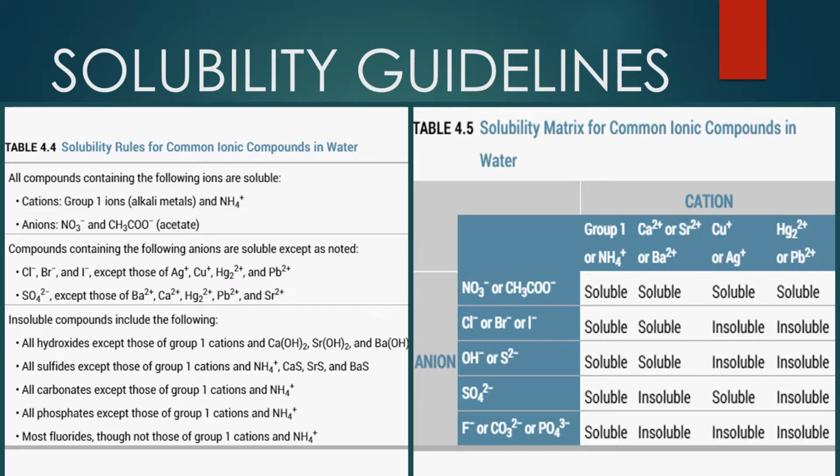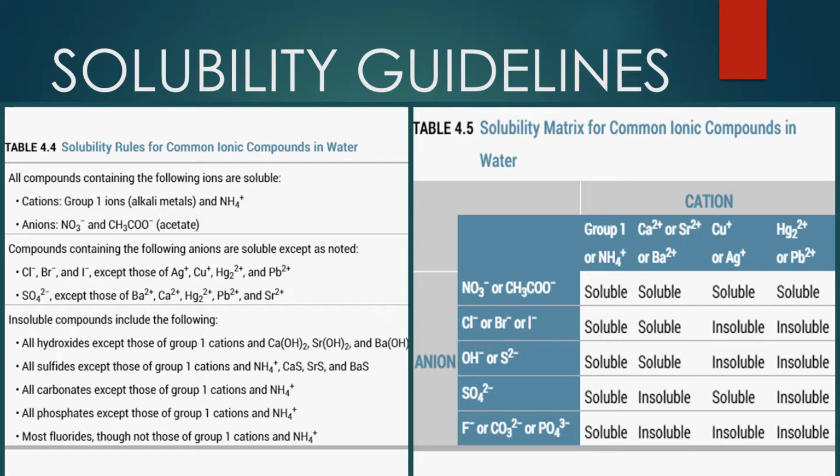So hydroxides are insoluble, but if they are paired with these very soluble cations in group 1, then they're fine. Also, hydroxides can be paired with the bottom half of group 2, calcium, strontium, and barium, and they'll still be soluble.